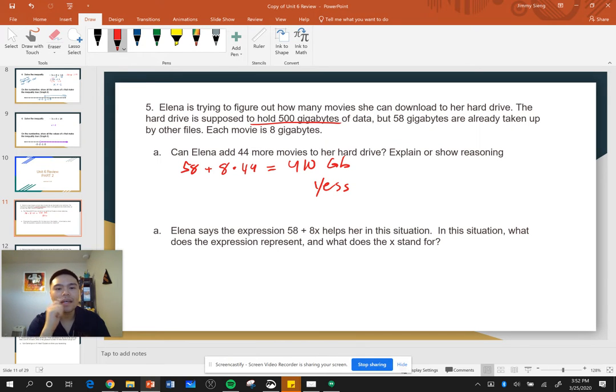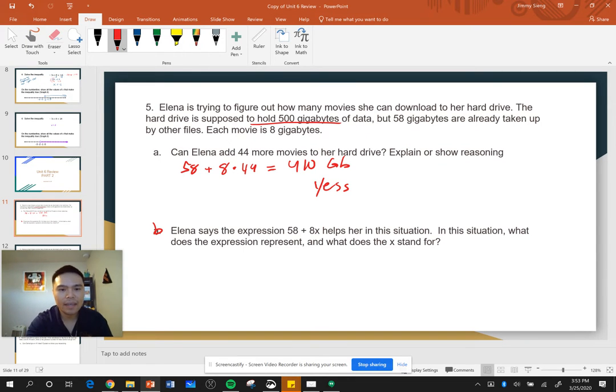So this is part B now. This should be B, not A. Apologize. The expression 58 plus 8x helps her in this situation. So what does the expression represent? What does x stand for? What we just talked about is that 58 represents our gigabytes, correct? So there's that 58 there. And then 8x, think about this, 8x.